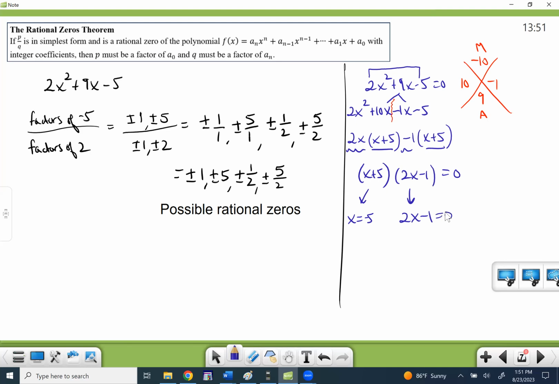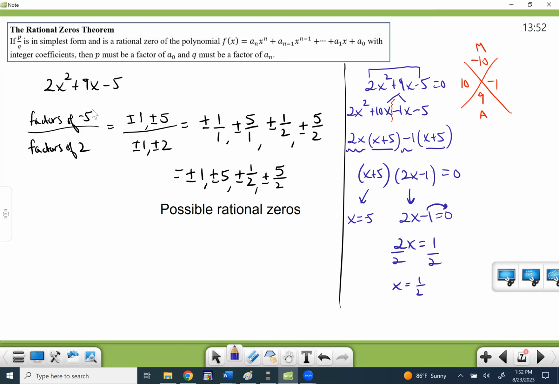When I have this, it's actually the back number that's going to end up on the top of the fraction when I divide by 2. So hopefully you can see that. The back number, the last number, goes on top. The front number goes on bottom.